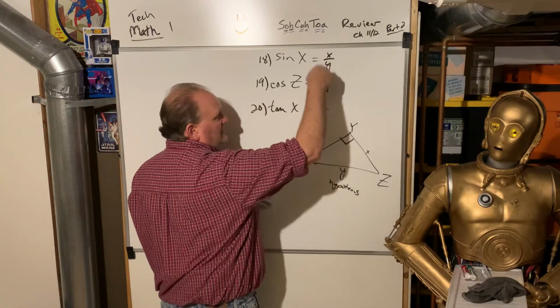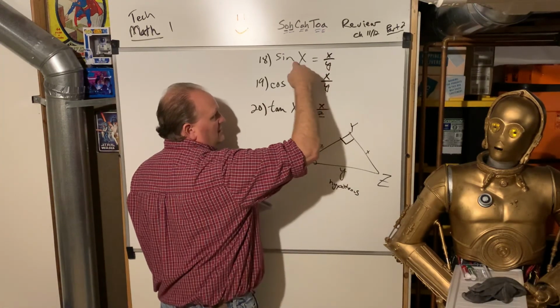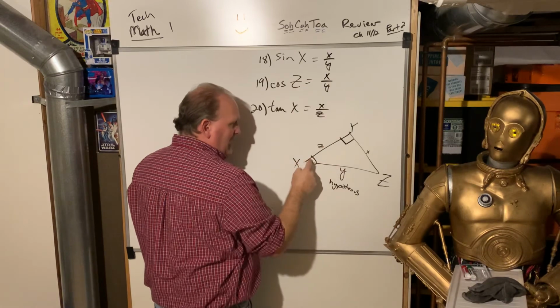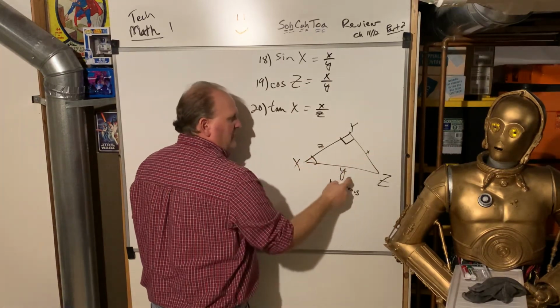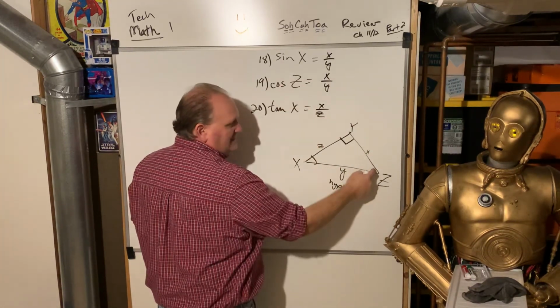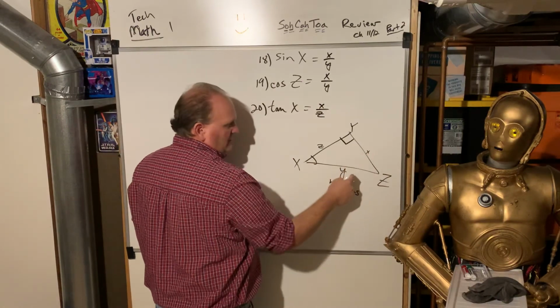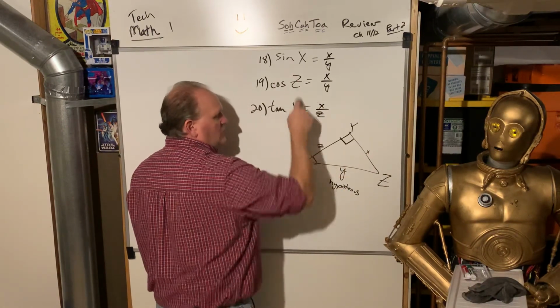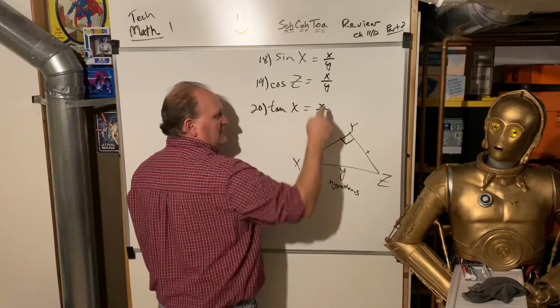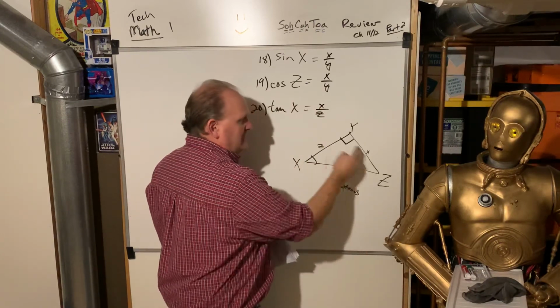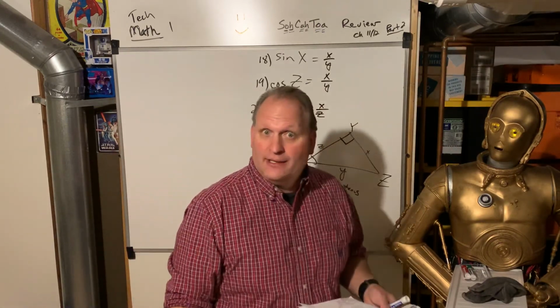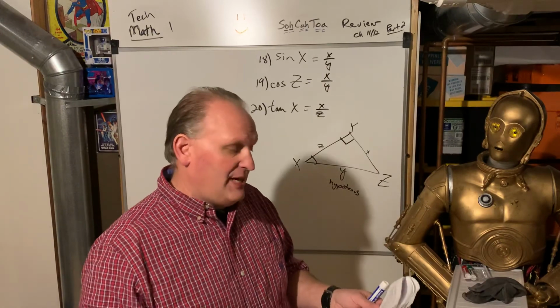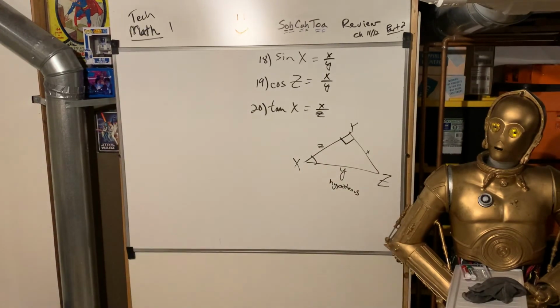That's how both of these ended up the same answer. They asked for the sine of x, opposite over hypotenuse, and the cosine of z, adjacent over hypotenuse. So opposite and adjacent are relative terms based on what angle you're on. Hypotenuse is always the hypotenuse. That never changes. All right, we'll do one more video with the law of sines, law of cosines.